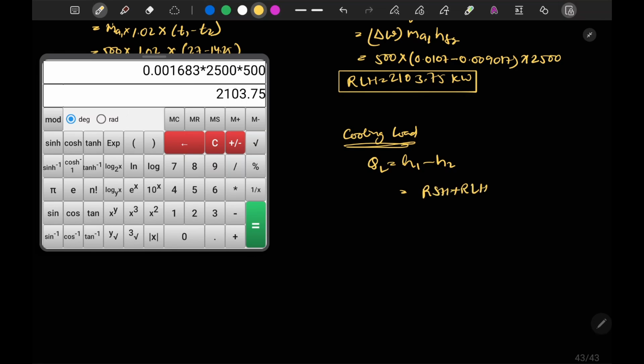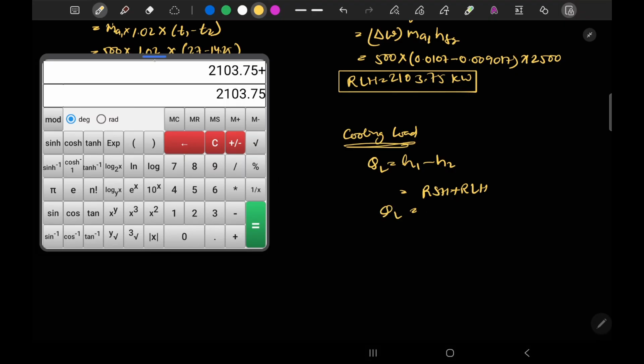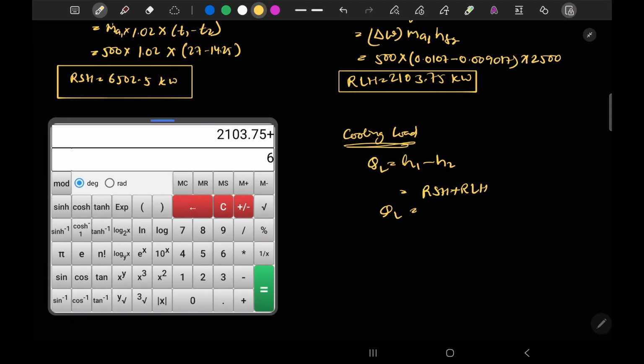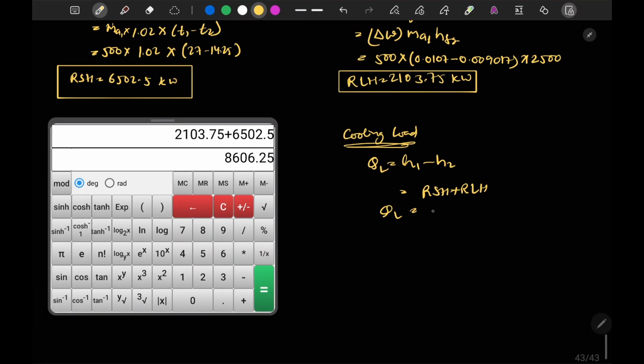If we add both values, this value plus the room sensible heat, that is 6502.5, we obtain QL equal to 8606.25 kilowatt.